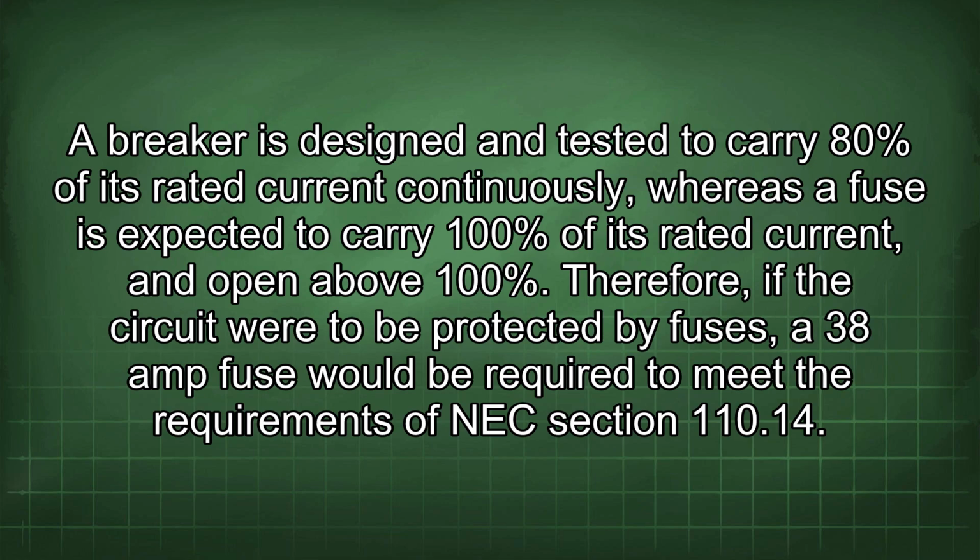A breaker is designed and tested to carry 80% of its rated current continuously, whereas a fuse is expected to carry 100% of its rated current and open above 100%. Therefore, if the circuit were to be protected by fuses, a 38 amp fuse would be required to meet the requirements of NEC Section 110.14.